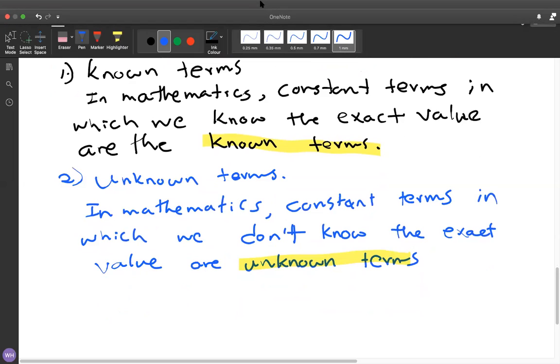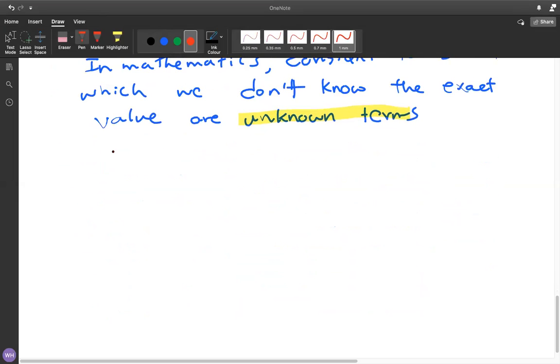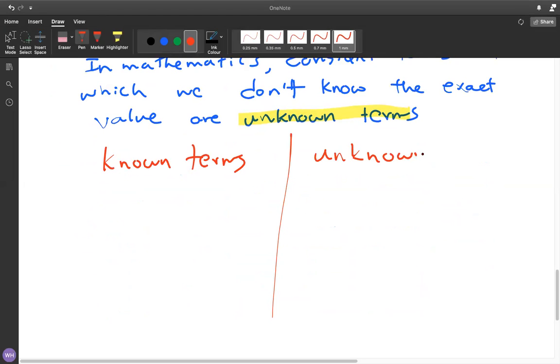Rifki, can you give me an example for known terms? Rifki, are you there? Sairu, are you there? Can anyone give me an example for this?